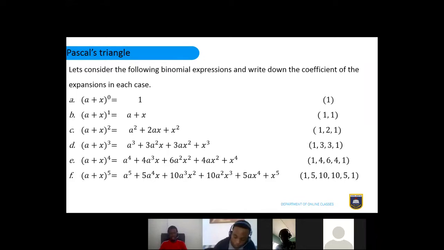C, a plus x all squared, and that gives us a squared plus 2ax plus x squared. Then the D, the E, and the F, when we expand them, we get their respective results.